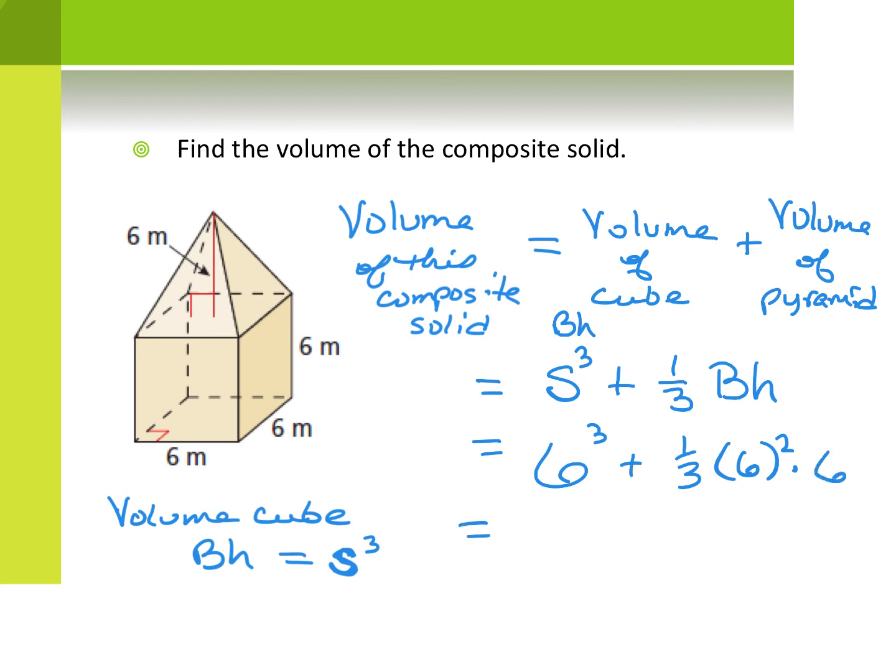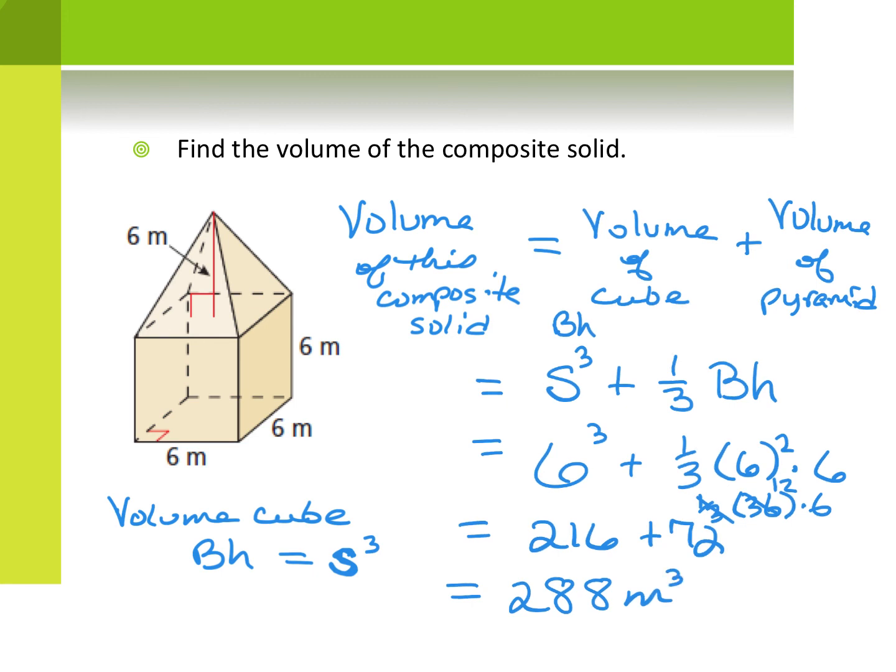So 6 to the third power is 216. And then 1/3 times 6 squared. So 6 squared is 36. And again, if you want to simplify, make that a 12, making this 72. So the final volume of the composite solid is 288 meters cubed. So that is it for the volume of pyramids.